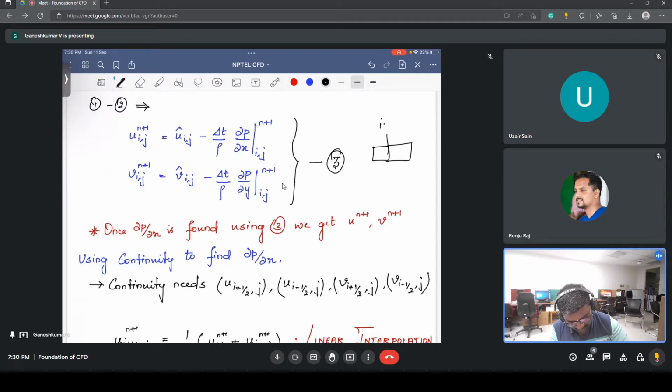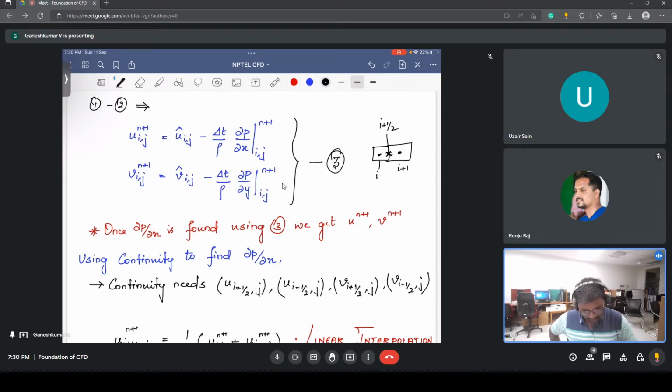This is i, this is i plus 1. So you need to find velocity at this point. What people usually do, everyone's instinct, is: I have velocity here, I have velocity here, so I will just do interpolation. In between I have some velocities, I will just do interpolation.